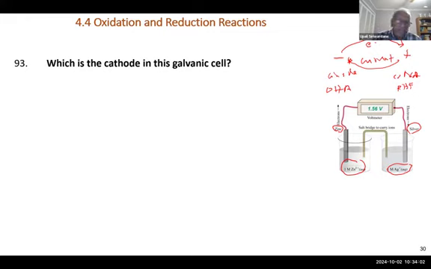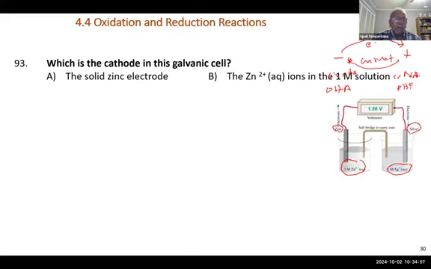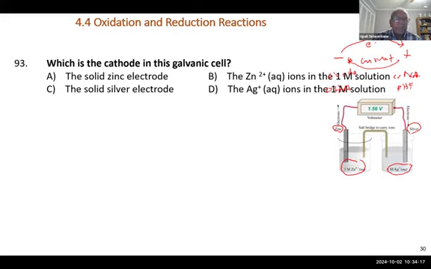Now let's answer a few questions about this cell. Which is the cathode in the galvanic cell? The cathode is found on the right side. Conventionally, the anode is written on the left side.